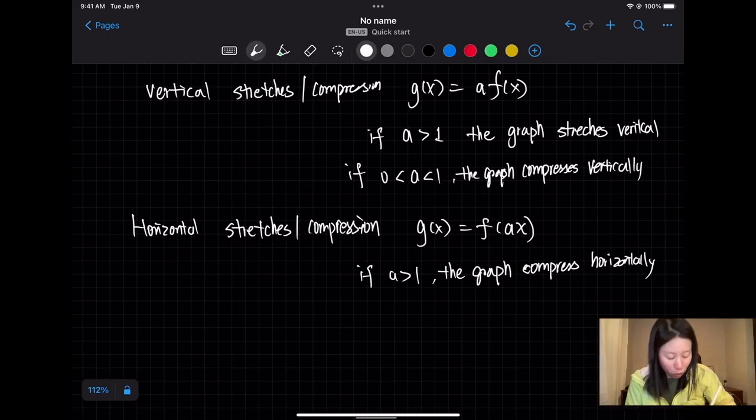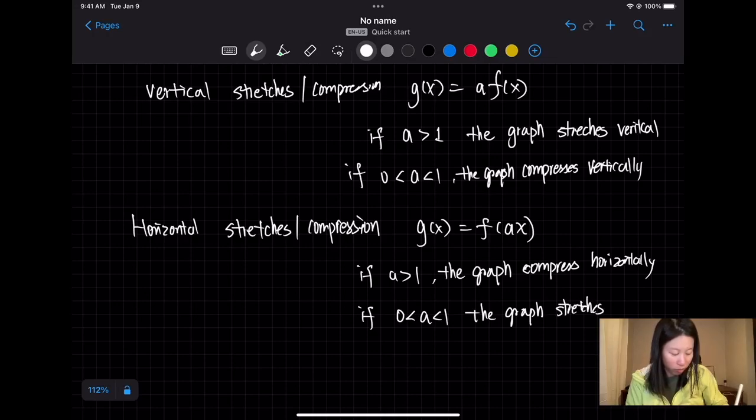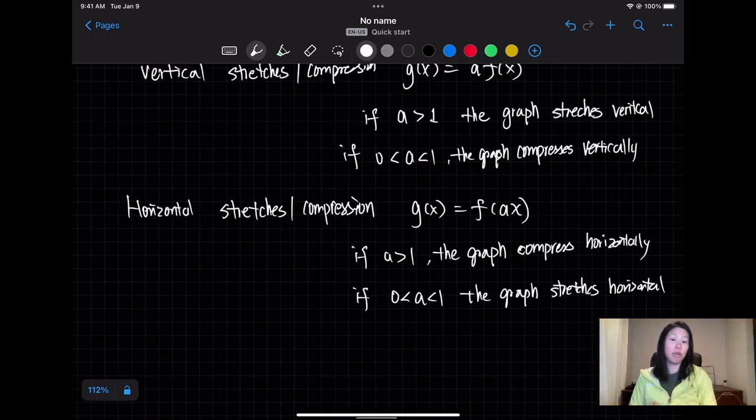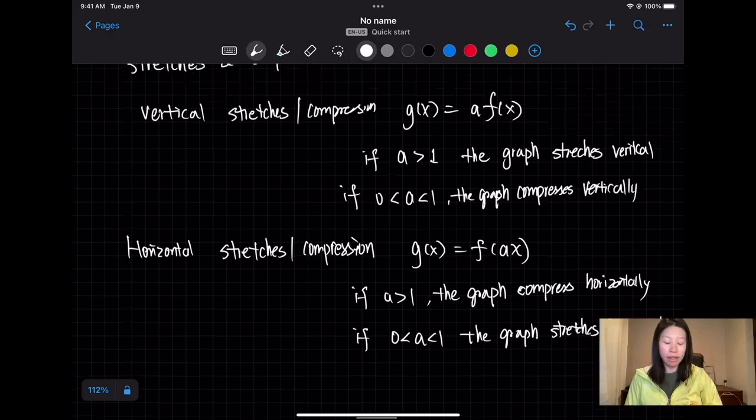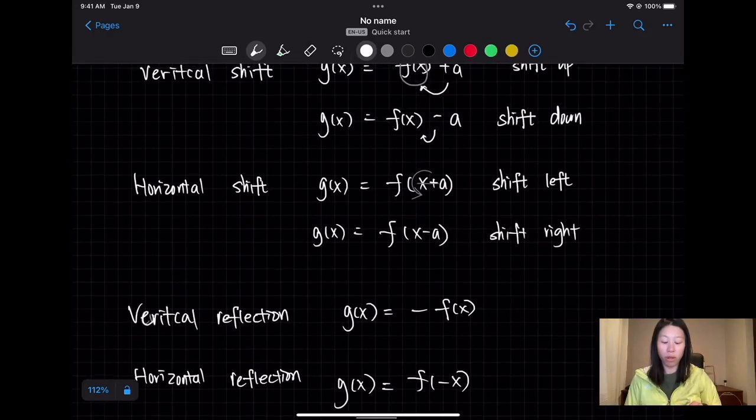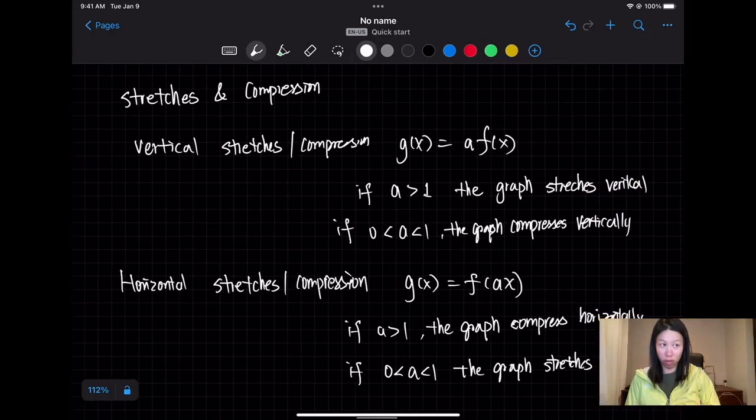But if you multiply by a number between 1 and 0, the graph is going to be stretched horizontally. Again, if you forgot, please go to Desmos.com to check out the graph and do the experiments like I did. So these are the rules for the transformation of the function.